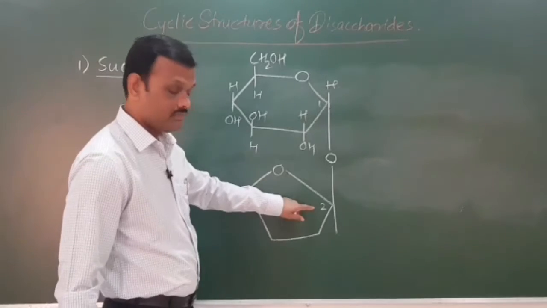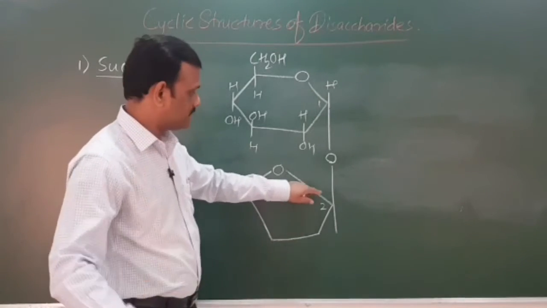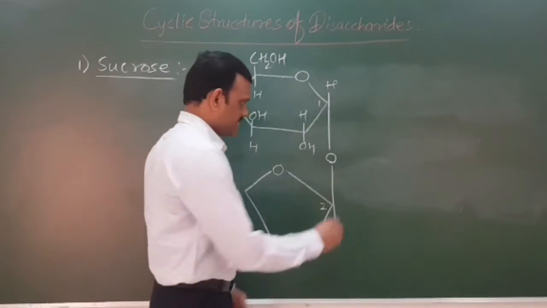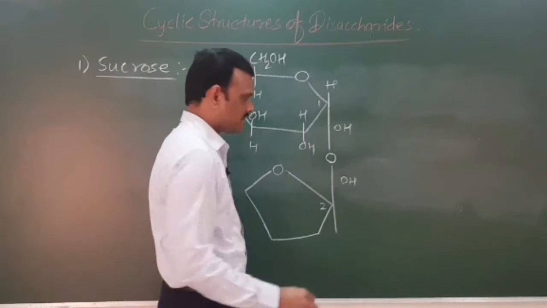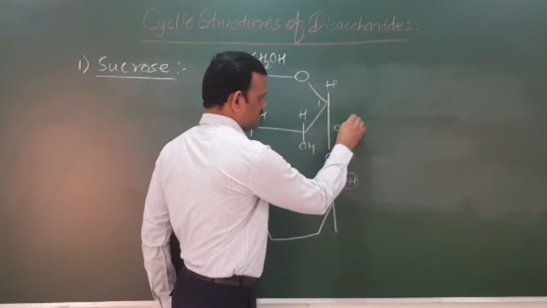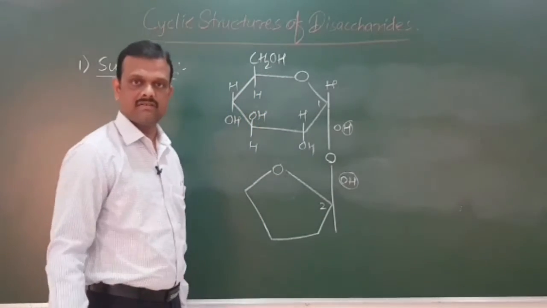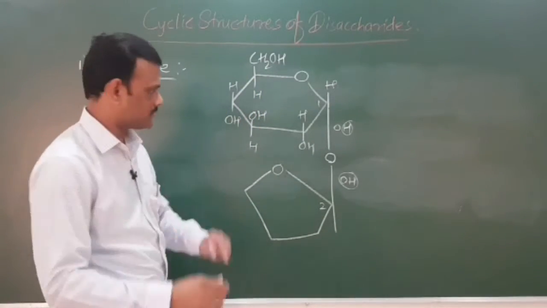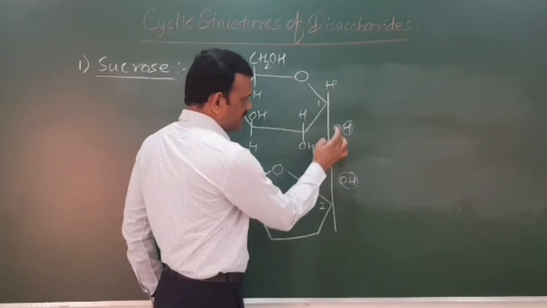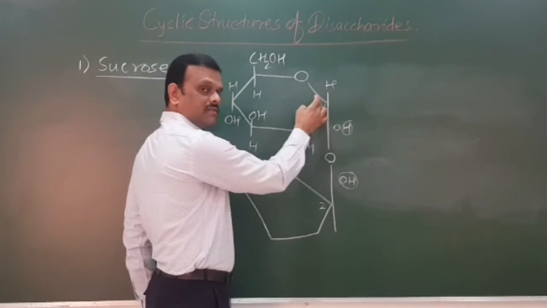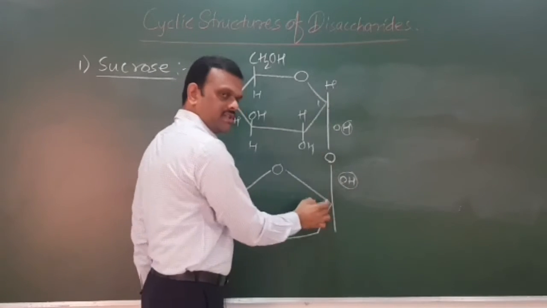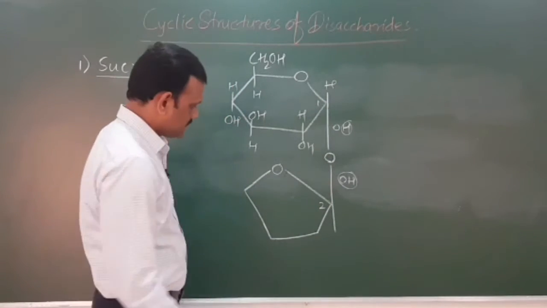From that C2 we have to consider the beta form, that means hydroxyl group is on upper side. That means here one hydroxyl group, another one is hydroxyl here. From that one OH and one H combine, and a water molecule is given out during the formation of sucrose. Now the remaining part is only one oxygen that I had written here. C1 of the glucopyranose links to C2 of fructofuranose. Now here it is.